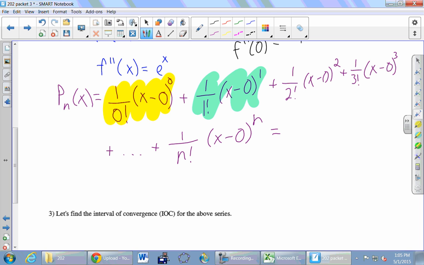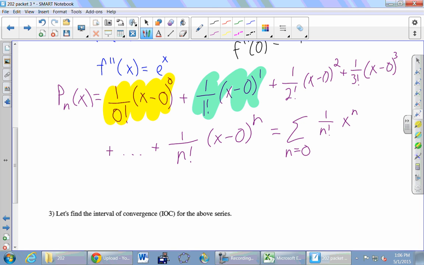And so that means that we can then use sigma notation. So how about we copy our general term here? 1 over n factorial x to the n. And this starts with n equals what? 0.